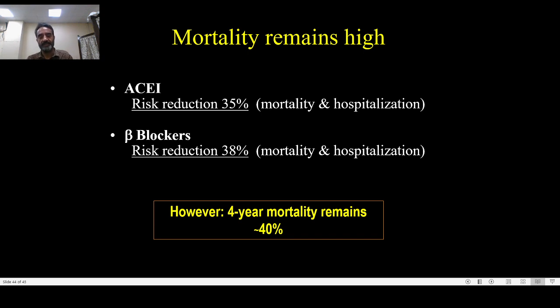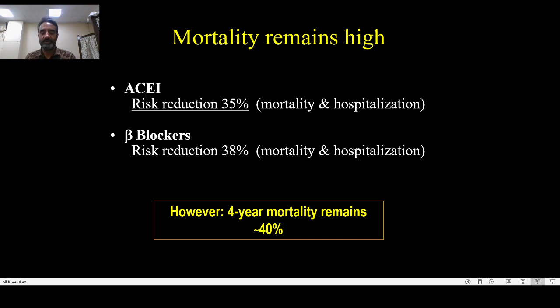Despite this therapy, the mortality remains high. Although with ACE inhibitors there is a 35% risk reduction of mortality and hospitalization, and for beta blockers it is around 38% risk reduction, still the mortality remains high.